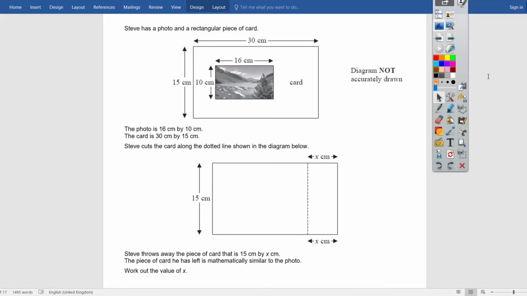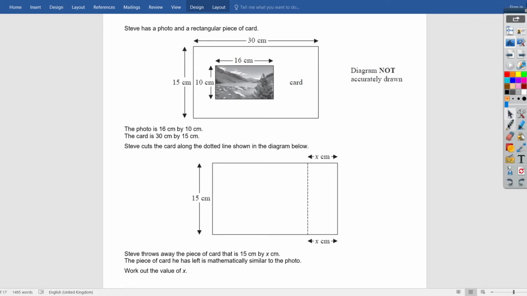There you go. Question 6. Okay, this is question 6. We missed it at the top.